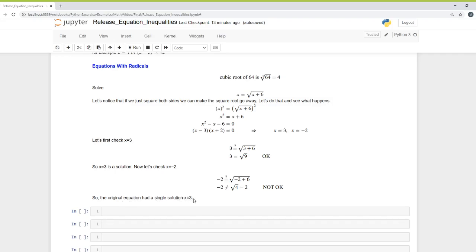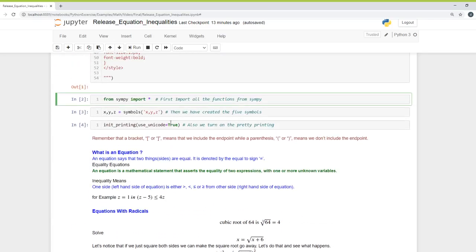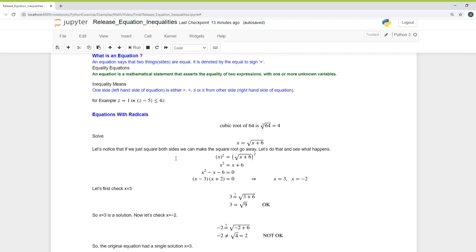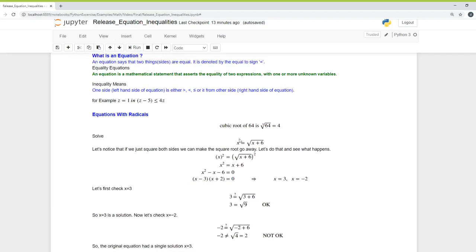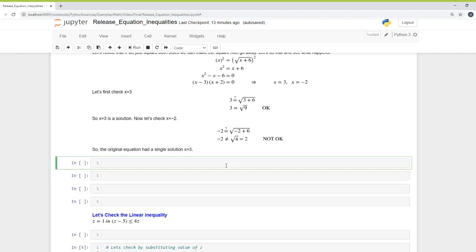Now check how SymPy deals with equations with radicals. So let's start working. We first of all import all the functions from the SymPy package. Then we have created the symbols or variables. After that we have turned on pretty printing by calling the init_printing method. So let's see the cube root of 64. How to do that?